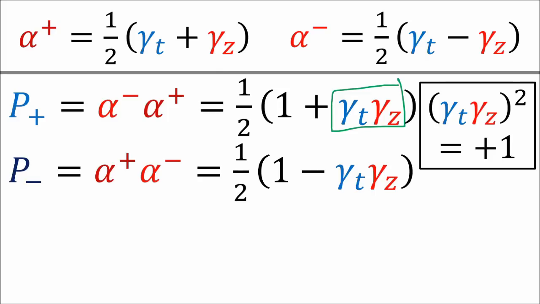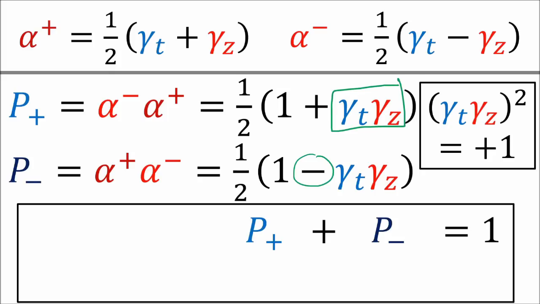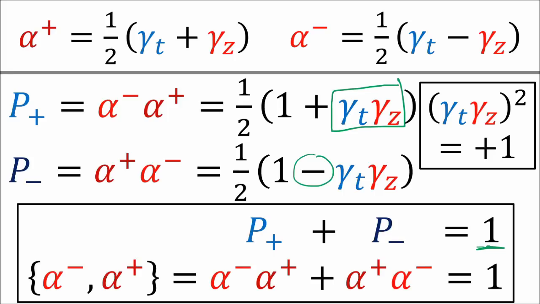This gives us the complementary projector 1/2 times 1 minus gamma t gamma z. It's easy to see that when we add these two projectors, we get 1. Or equivalently, the anti-commutator of our two nilpotents is 1. This is why we multiplied our nilpotents by a factor of 1/2. We wanted to make sure the anti-commutator gave us 1 instead of 4.